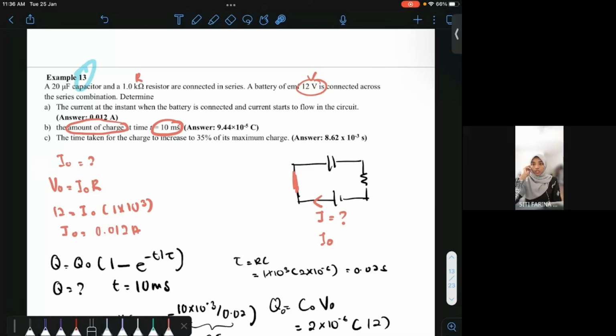Benda yang kamu lnkan tu, kamu akan dapat negatif selalunya. Okay, and then negatif tu boleh cancel dengan negatif daripada, selalunya kita akan ada exponent power tu negatif T over tau. Negatif dekat situ tu kita boleh cancel. Then you can get your T. T mesti kena dapat positif sebab we are talking about time. Alright? Okay. That's it for your example question.